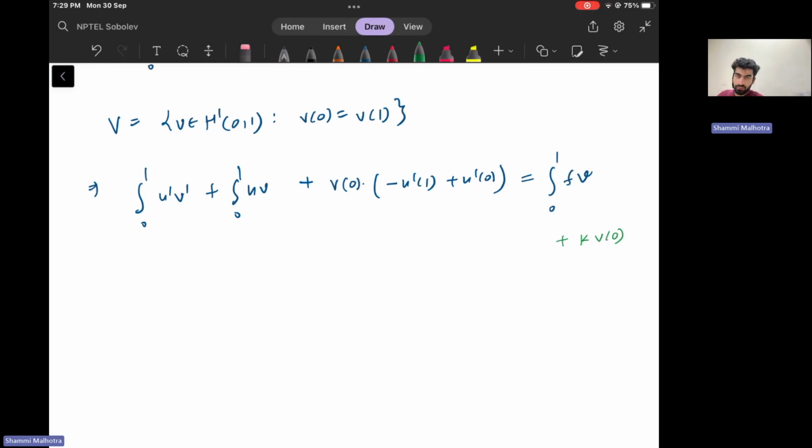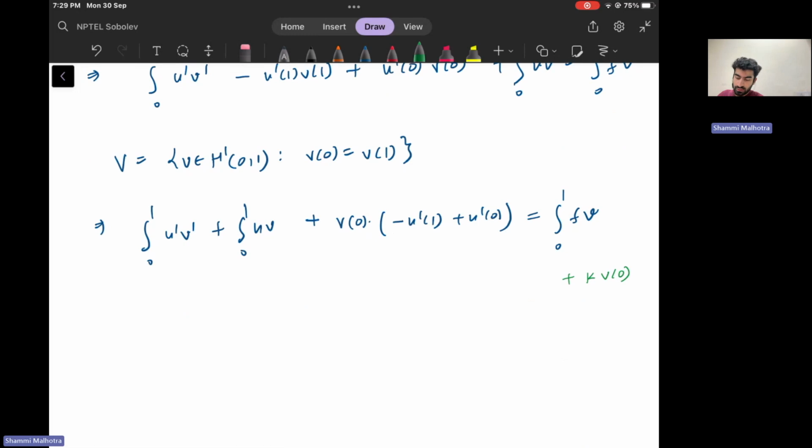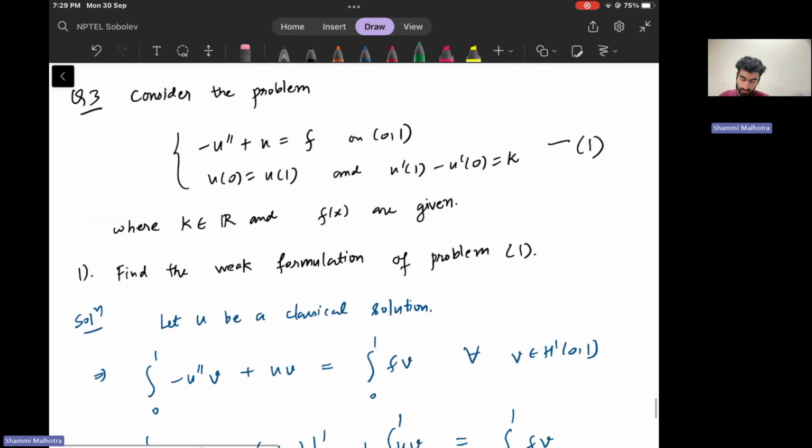But I have to show this term to be equal to k. So if we add k times v0, we'll get the required equality.